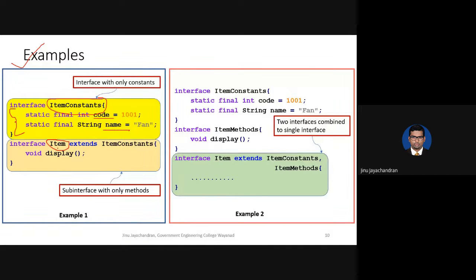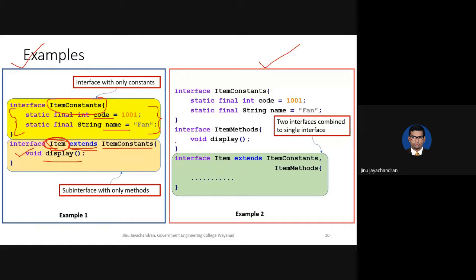In item, you see there is only a function declaration, which is display. But since you are extending, you say here extends item constants, which means the item can access the variables in the item constants also. This is one way of doing the interfacing.